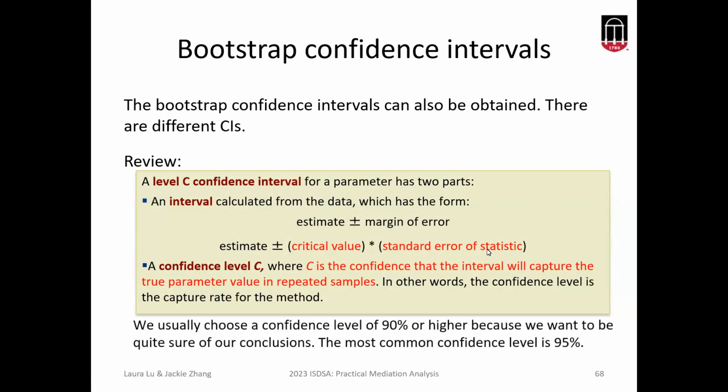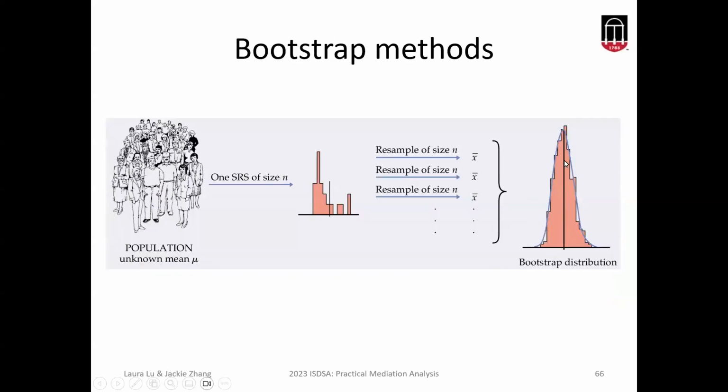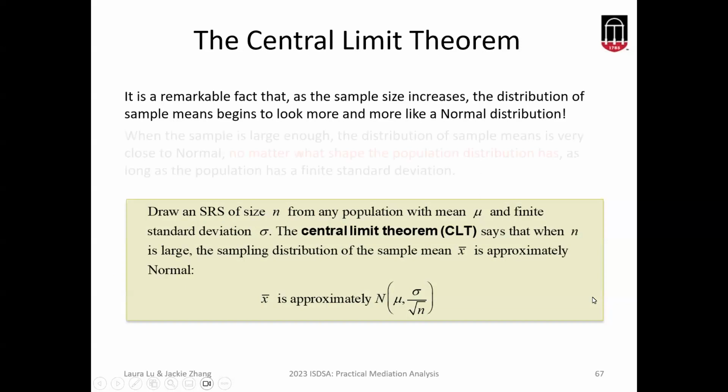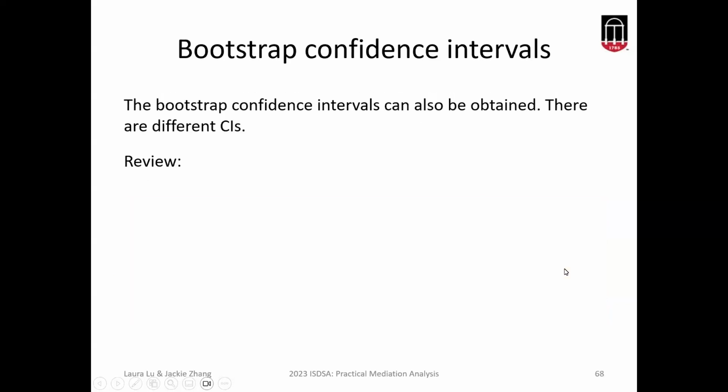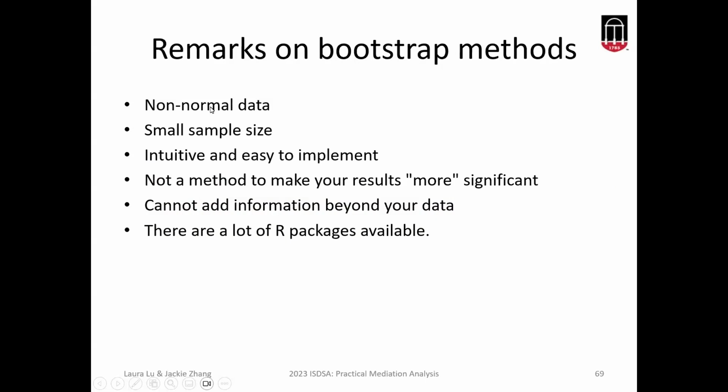Of course, you can also use a percentile method. Again, we have the population here, and we can use percentiles to construct the confidence interval. It's very useful for non-normal data and small sample sizes, and it's intuitive and easy to implement.